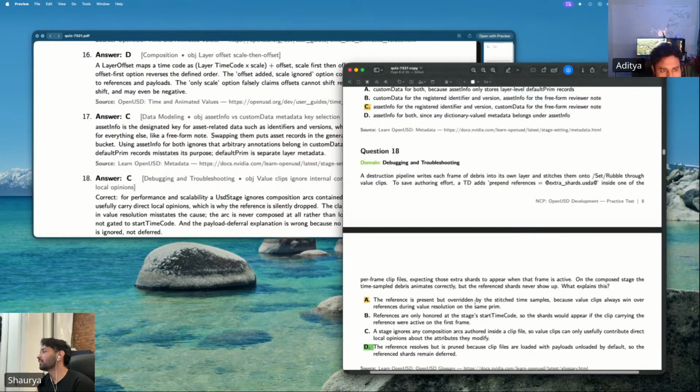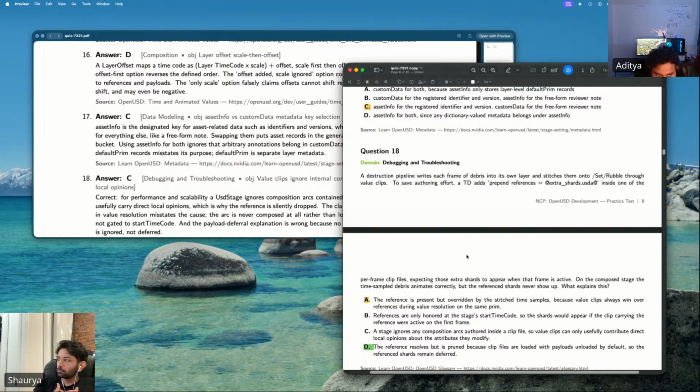What is the question? A destruction pipeline writes each frame of debris into its own layer and stitches onto the set level through value clips. To save authoring effort, a TD adds prepend references inside the per-frame clips, expecting those extra shards to appear when that frame is active. On the composed stage, the time sample debris animates correctly, but the reference shards never show up.